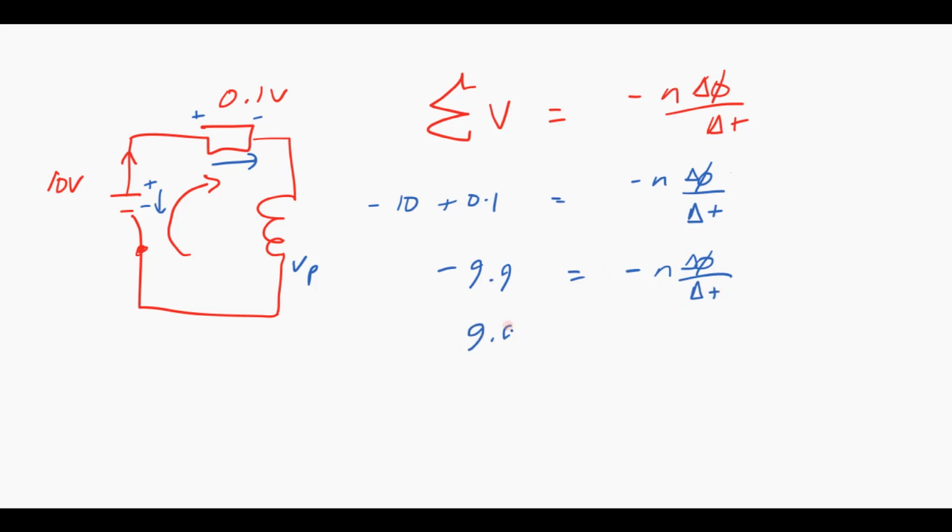Cancel the negatives. There we go. So that would be the primary voltage, 9.9. And like we explained before, that back EMF is going to be against the current direction. So it'd be kind of like, and this is not strictly true, but to imagine, it's kind of like having a battery that's pushing against this battery because it was a back EMF, remember?